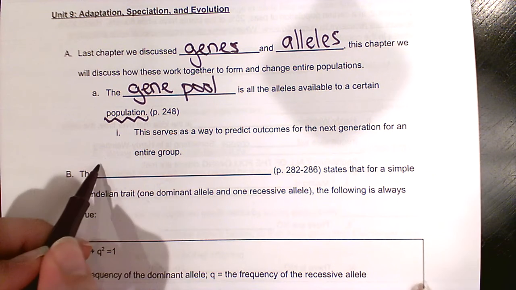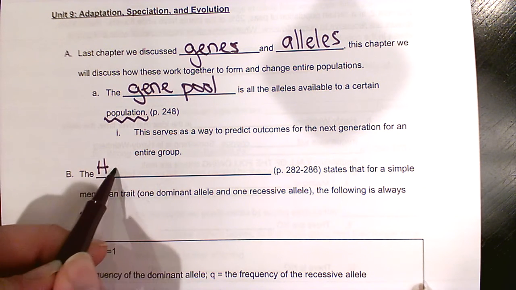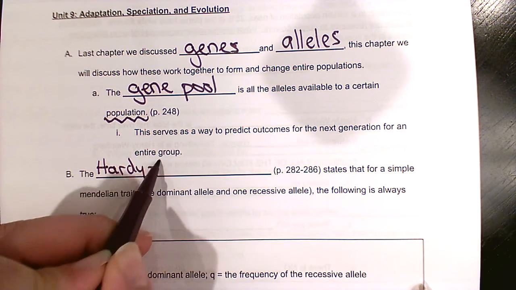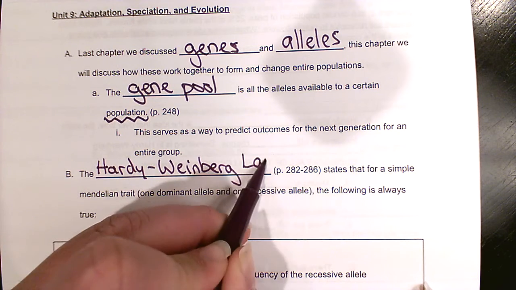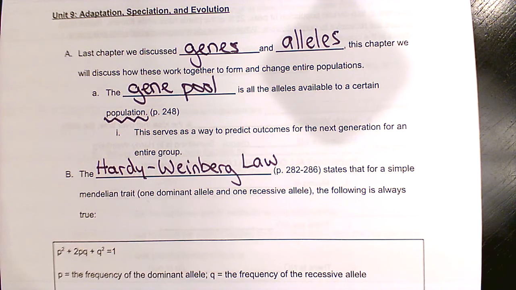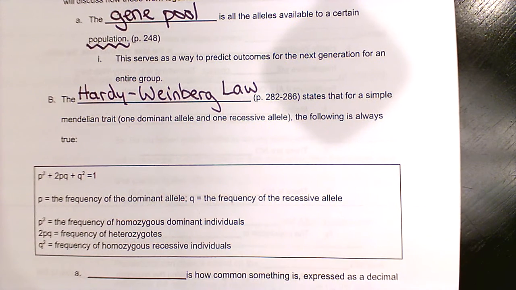So we have this concept called the Hardy-Weinberg law. And you're lucky because I don't know anything about Hardy and Weinberg, so I can't ask you to know anything about them.